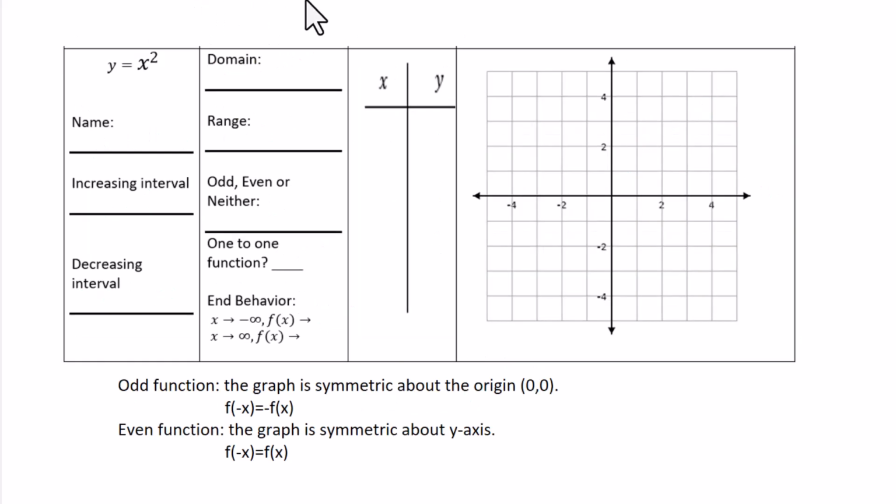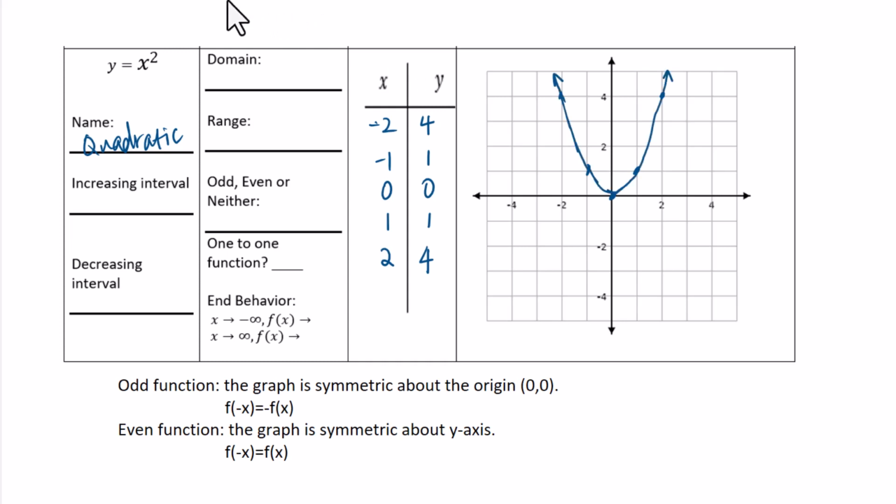Y equals x squared. This is a quadratic function. x values: 0, -1, -2, 1, 2. y values: 0, 1, 4, 1, 4. The points are (0, 0), (1, 1), (2, 4), (-1, 1), (-2, 4).